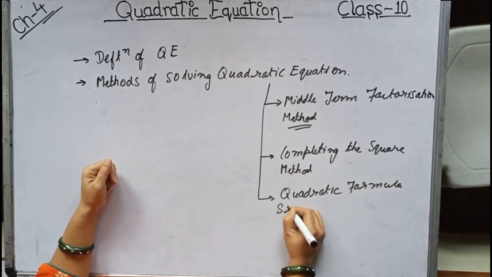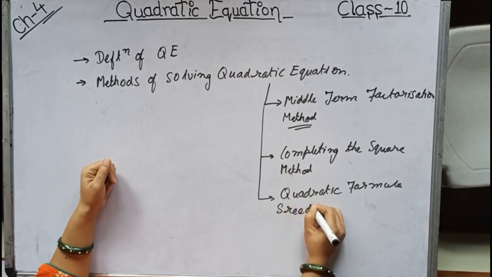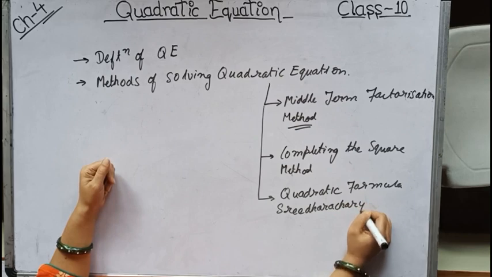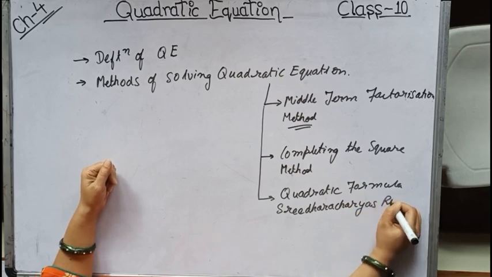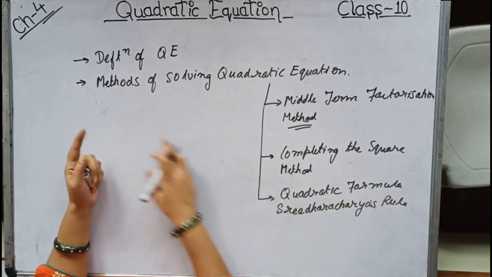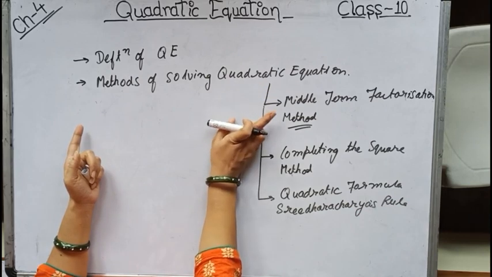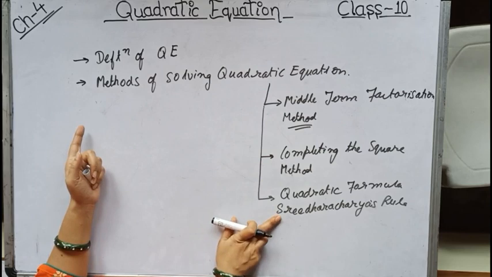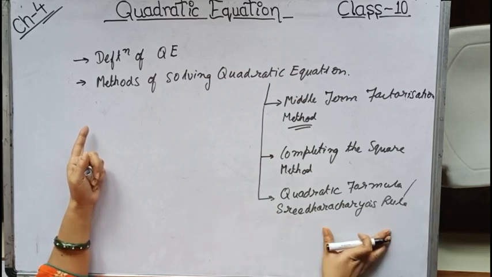It is also called Sridharacharya's rule. So we will be solving the quadratic equation by three methods: middle term factorization method, completing the square method, and the quadratic formula or Sridharacharya's rule.